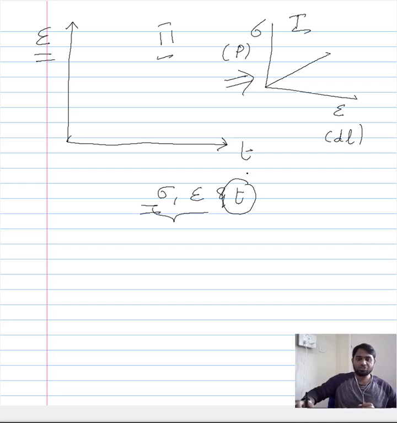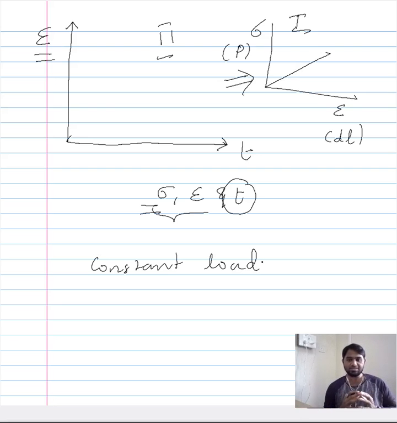Now, if I assume constant load, what happens is that when your material begins to deform, ultimately every mechanical test ends with the failure of the material. And when you consider metals or a crystalline material, before the material fails, there is a decrease in the cross section. This is something that is conventionally observed in a crystalline material.